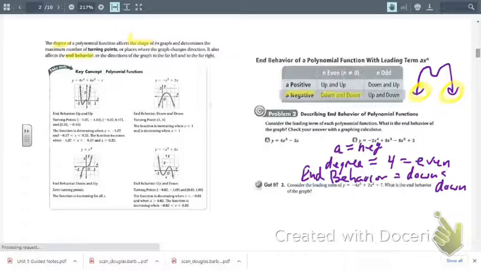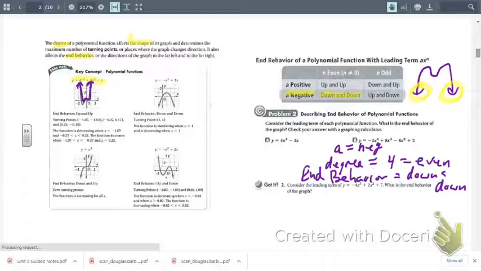Okay. You can see the opposite here. So you have a degree 4. So the degree is even and it's 4, but your A is positive. So in this case, it starts up and ends up.